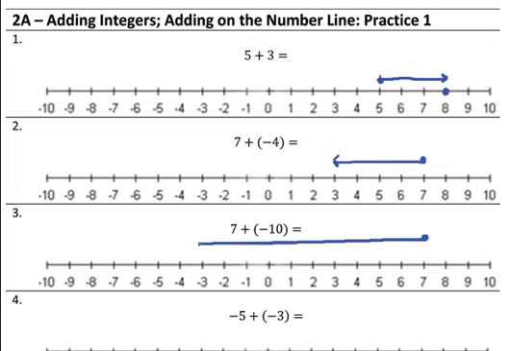And we end up at negative 3. So we end up in the negative part of the number line, to the left of 0. Basically that happened because 10 is greater than 7. So when we counted 10 units to the left, we went past 0 and ended up in the negative numbers.